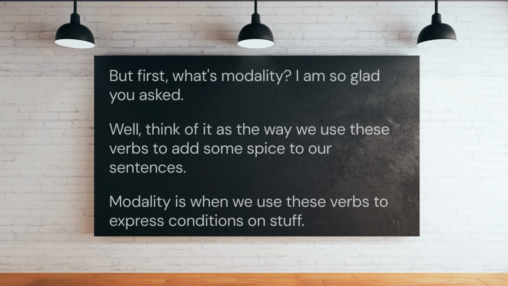But first, what's modality? I am so glad you asked. Well, think of it as a way to add some spice to our sentences. Modality is when we use these verbs to express conditions on stuff.